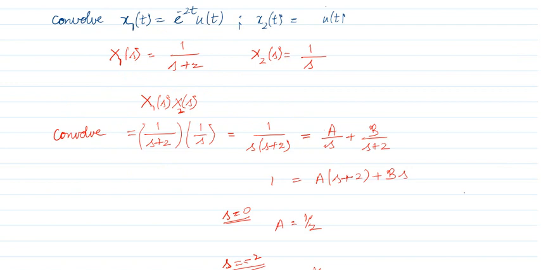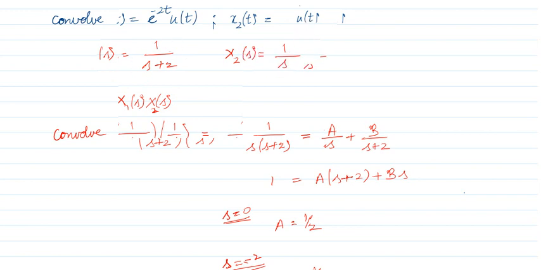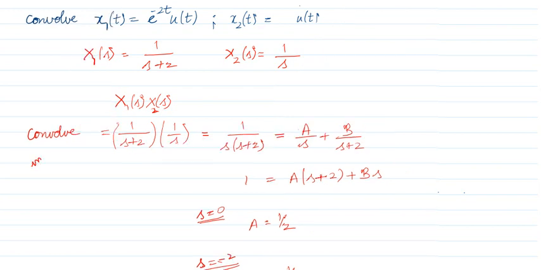Using this property, we are going to convolve these two signals: e power minus 2t u of t and x2 of t equal to u of t. Instead of convolving using integration, what can I do? Taking the Laplace transform, for e power minus 2t u of t it is 1 by s plus 2, and the Laplace transform of u of t is 1 by s. You can multiply these two. So this is your convolution in the frequency domain: 1 by s plus 2 into 1 by s.